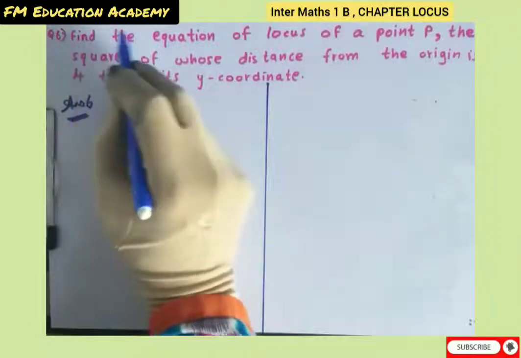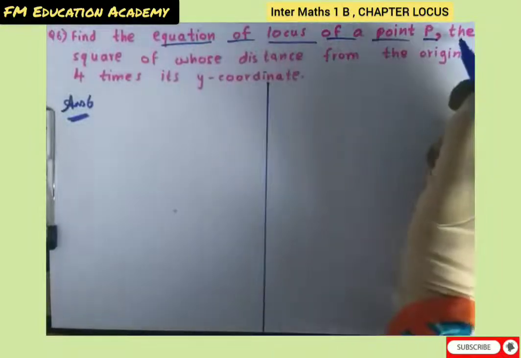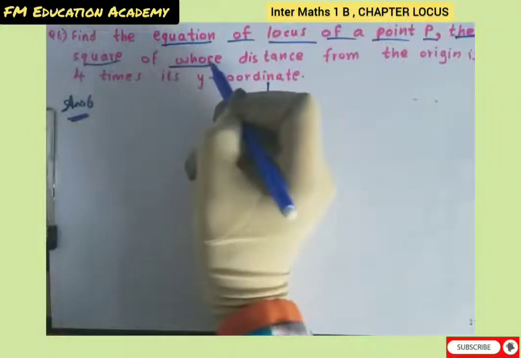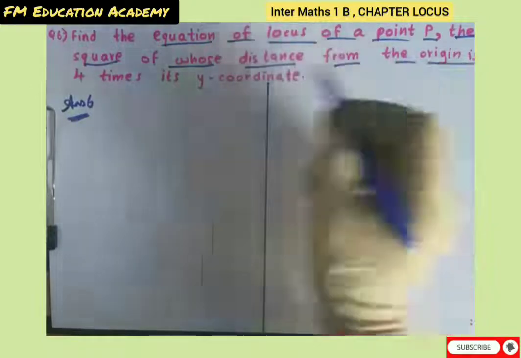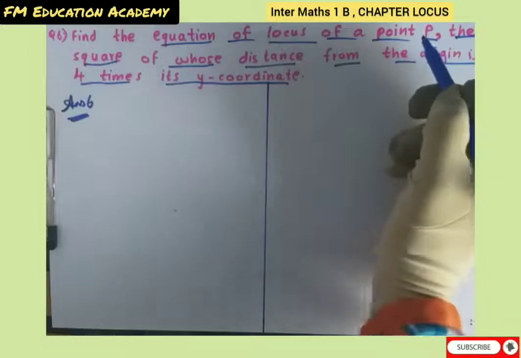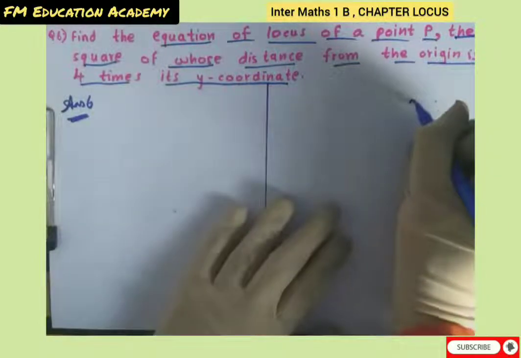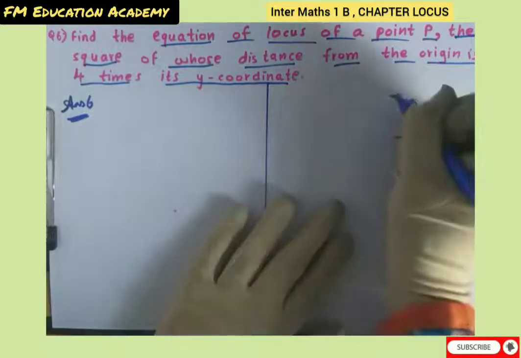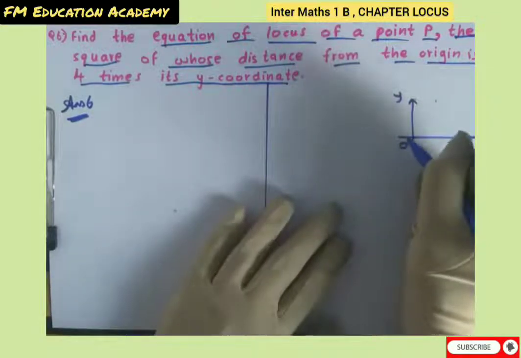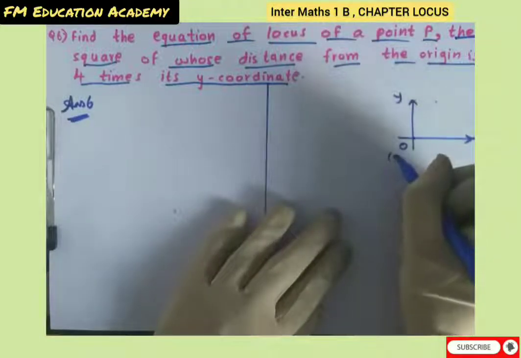Observe sixth question. Find the equation of locus of a point P, the square of whose distance from the origin is 4 times its y coordinate. So again we have x-axis and y-axis, this plane, and we have our origin O. Let the origin O be 0, 0.